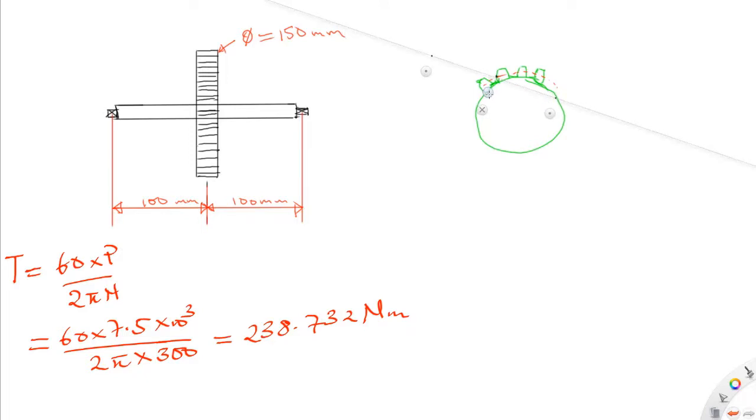That is the normal load on the surface, so we can say that the normal load will be acting in this direction.